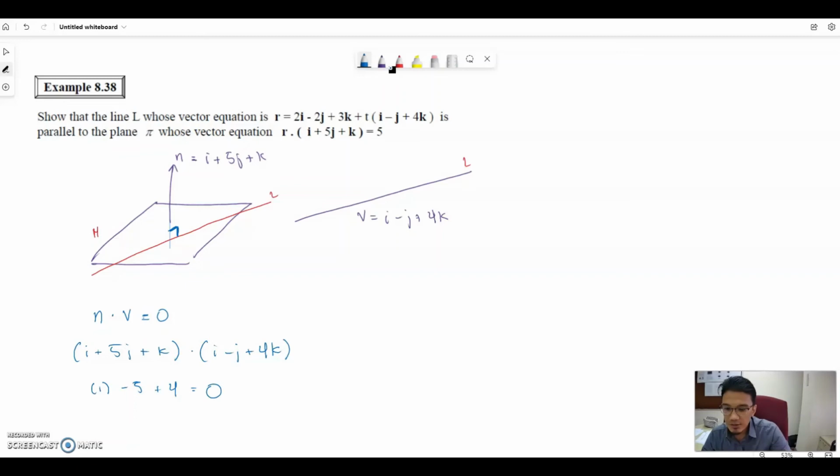So it is equal to 0. Equal to 0 means pi and line L are parallel.